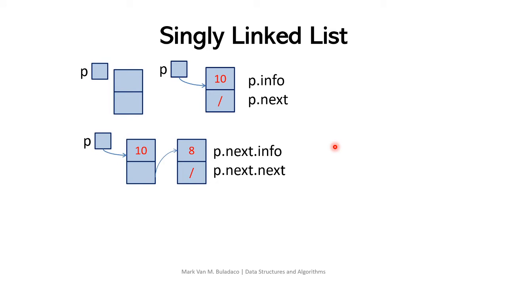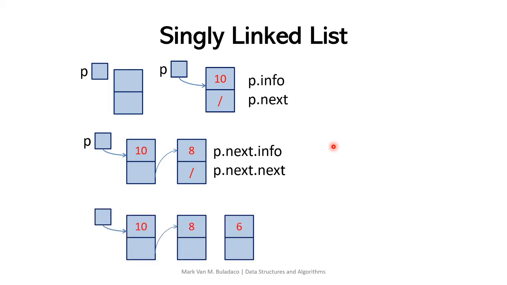Then we will add another node after the 8. Again, if we are referring to p.info, we are referring to the first node's information, which is 10. If we are referring to p.next, we are referring to the first node's next field. This is the info field and this is the next field.